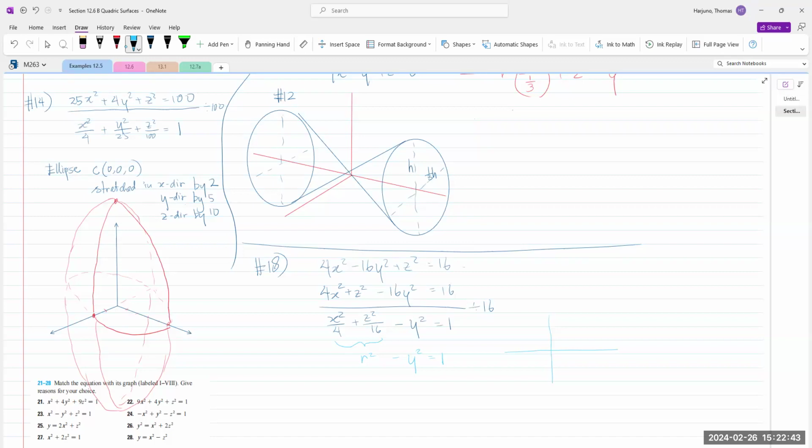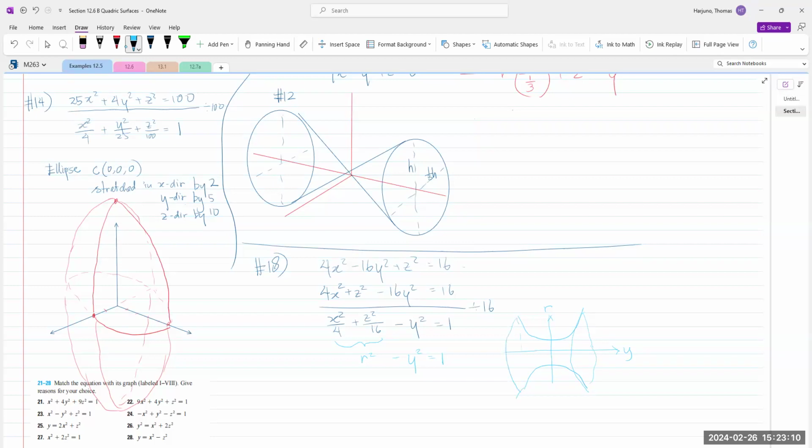It will look like this, where this is the y-axis and this is the r-axis. You see, right? But then we will rotate around the y-axis, so it will be a hyperboloid of one sheet.